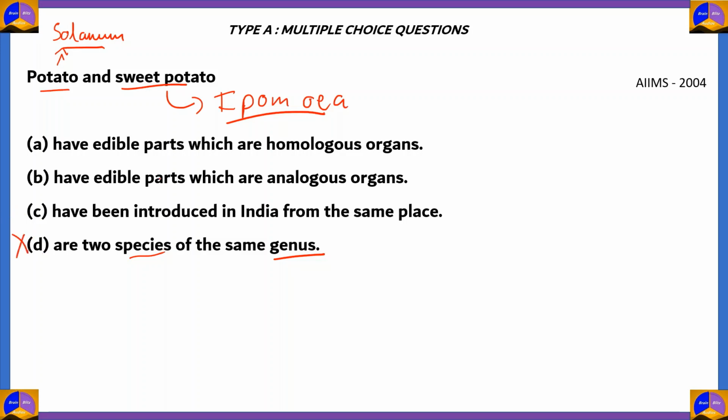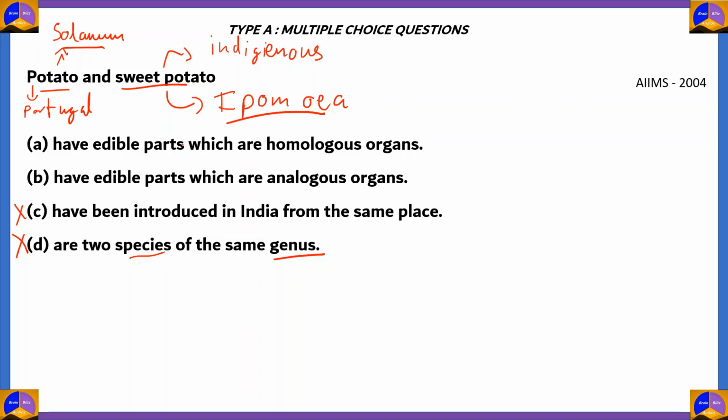Option C, they have been introduced in India from the same place. Potato was introduced from Portugal, while sweet potato is uniquely indigenous. So it was originally from India. Therefore, option C is incorrect.